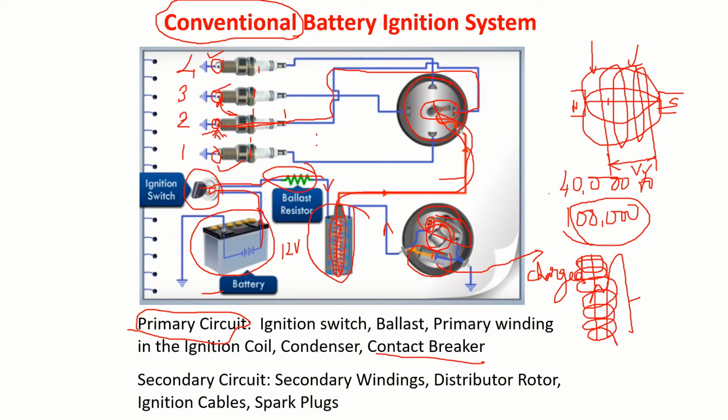This is what we call the firing order. Then the respective cylinder, whatever charge is there, gets ignited and generates the required power. So this is how a battery ignition system works.